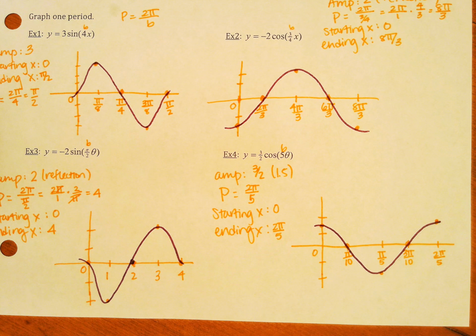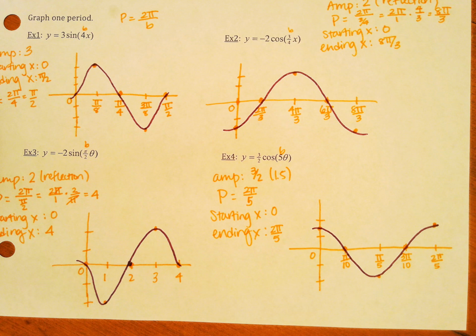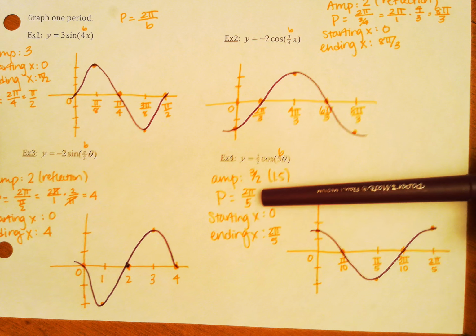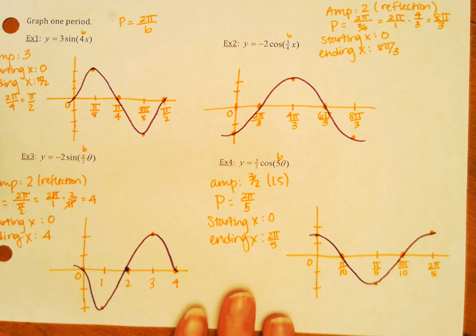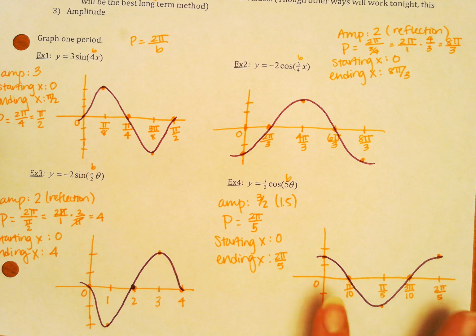So it'll go twice as fast, or in this case 5 times as fast, so it completes 5 cycles in there. To find our period length, we just take our normal period, which is 2 pi, and divide it by that b value. And then to find our critical values, we just take the average as we go in from the first and the last critical value, and then the first and third and fifth critical value to find all 5.